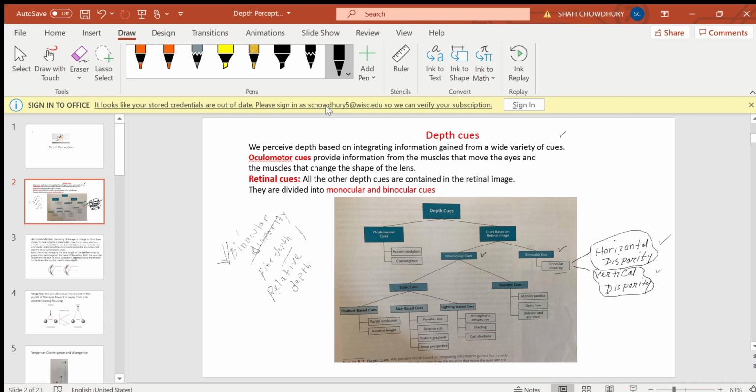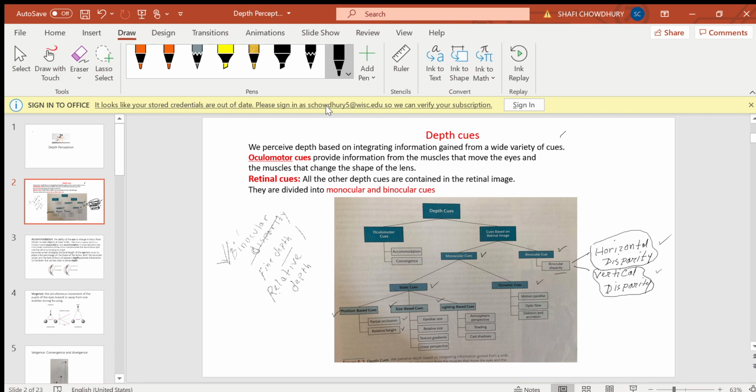Then monocular cues include static and dynamic cues. Static cues, those are non-moving. For example, position-based cues, then size-based cues, and lighting-based cues. Then the position-based cues include occlusion, partial occlusion, and relative size or height.